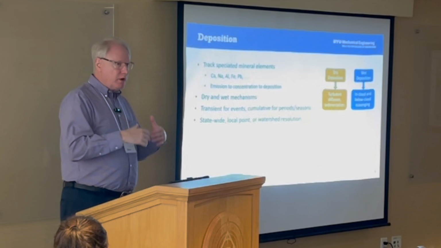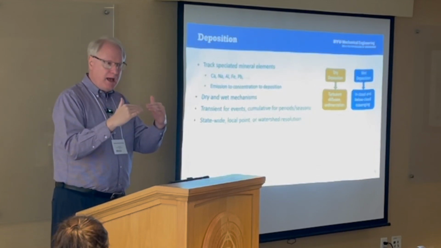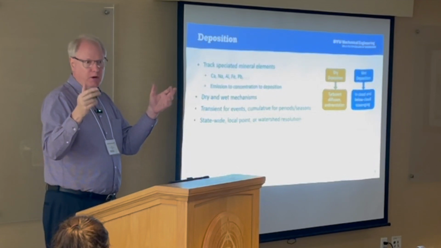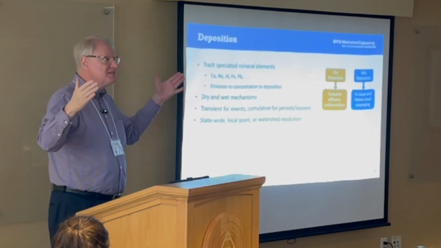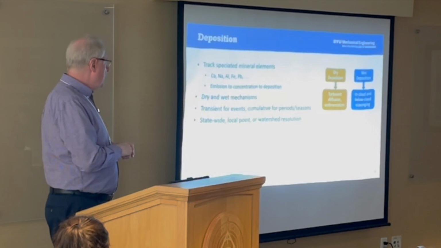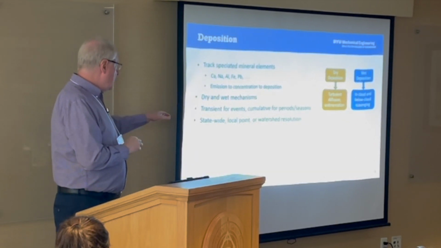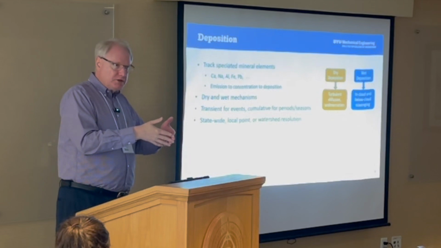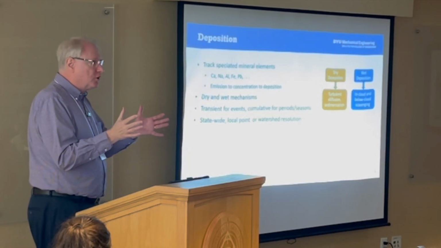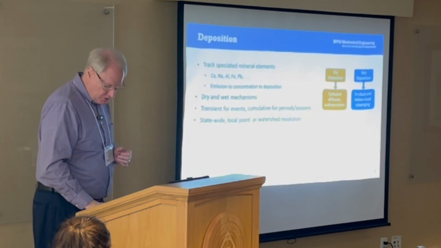It's transient, so we can look at how it's moving through an event. We can see a snapshot in time, or we can ask what it is cumulatively over a time period. We can look at a week, a month, a season, if you will, to see what we've done in terms of deposition of a certain mineral in an area. And we can look at it statewide, at local points, or at watersheds and see how much was deposited in a watershed. So I'd like to illustrate those with some of the results we have.